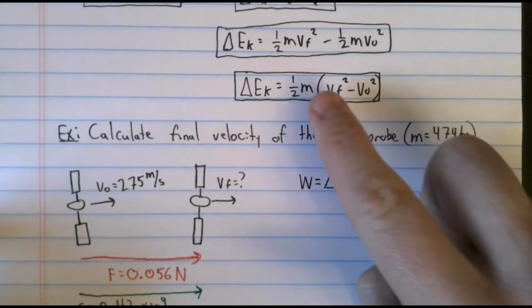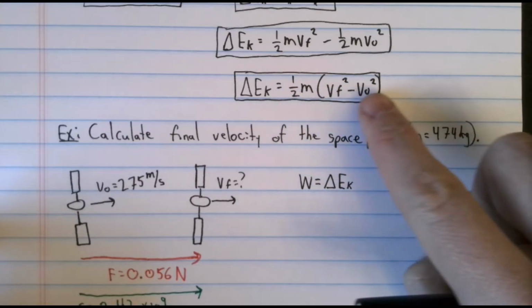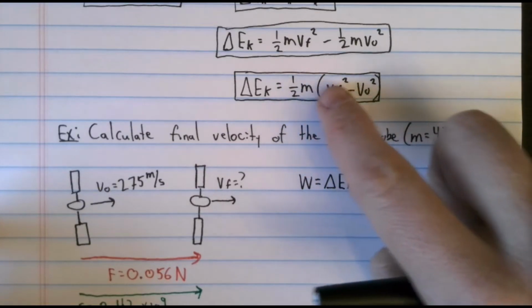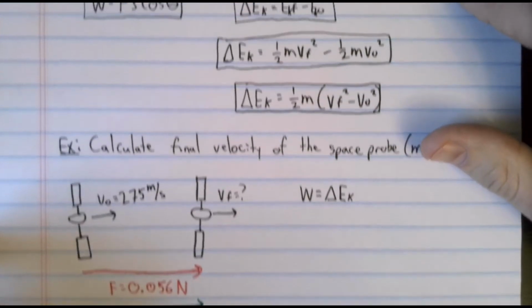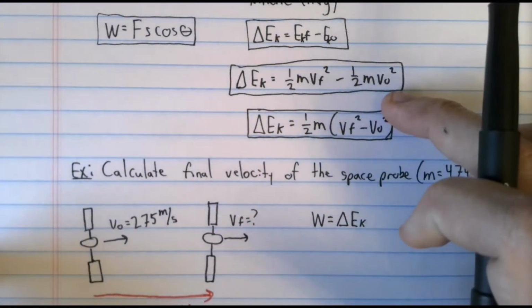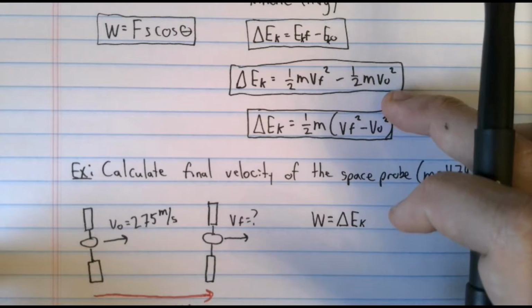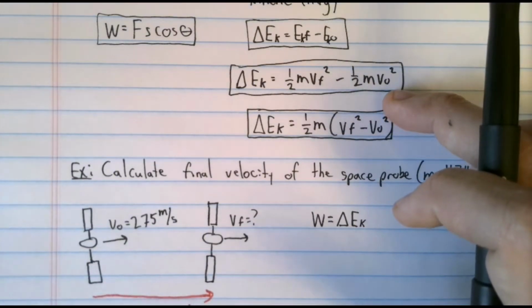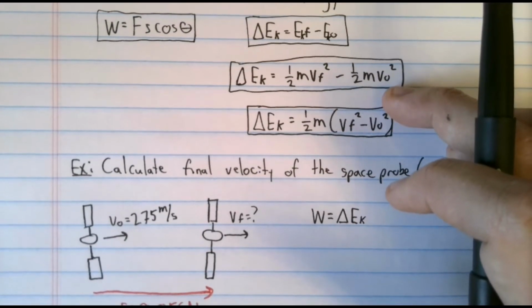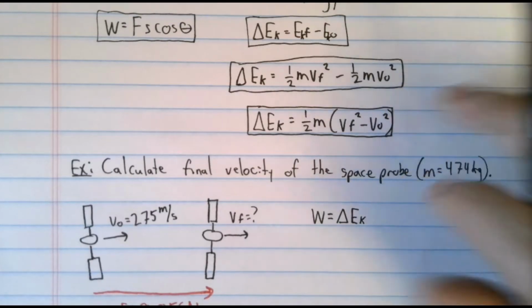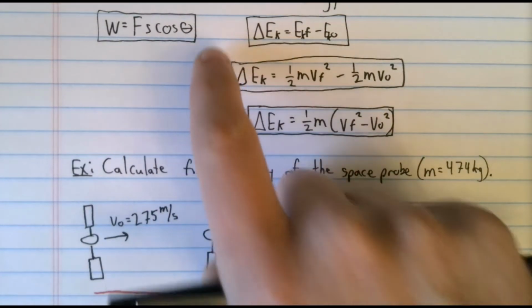I'd say the best version of it would be right here. It's tried and true in my opinion, but you could also use this setup, 1/2 mvf squared minus 1/2 mvo squared. And I can already see that we're going to need to replace work also.